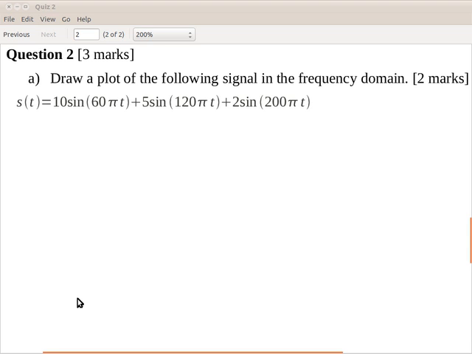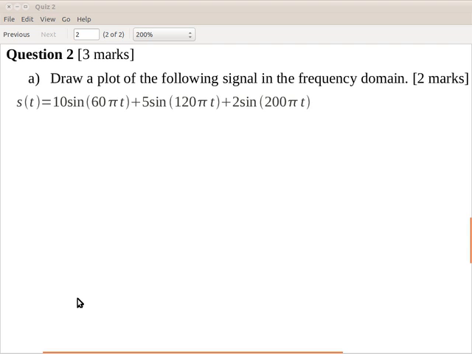First, you need a plot. A plot of the frequency against the peak amplitude, usually measured in volts or some power level.